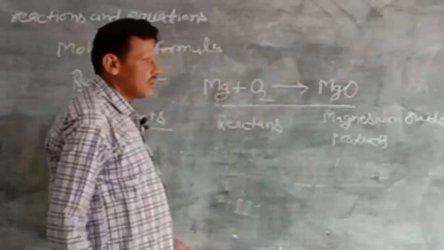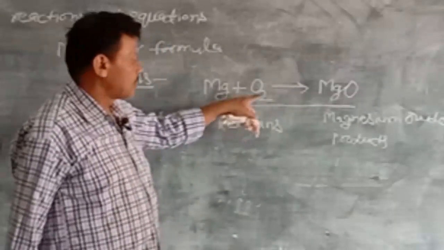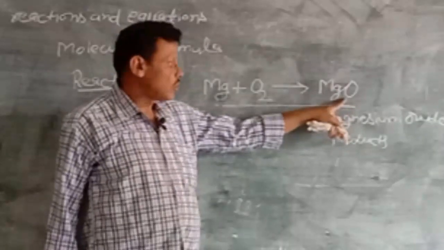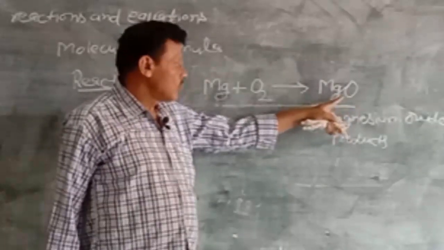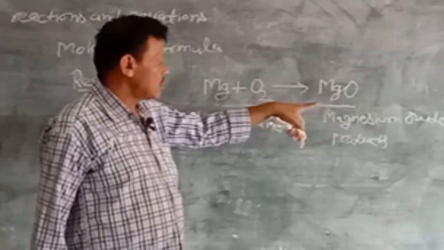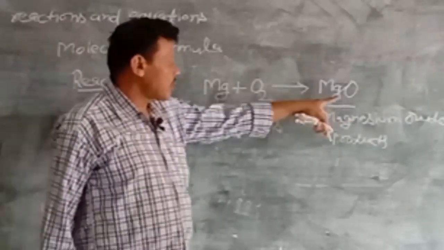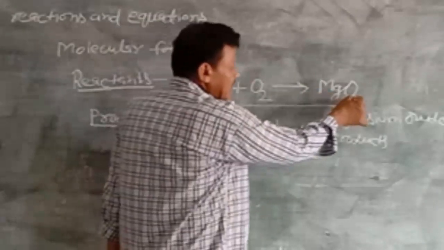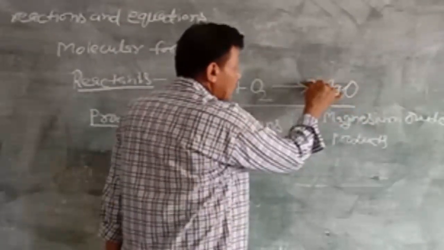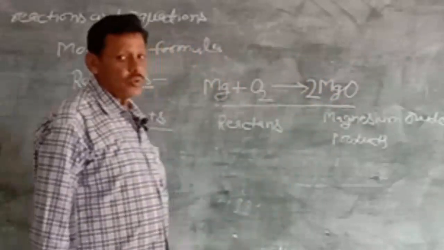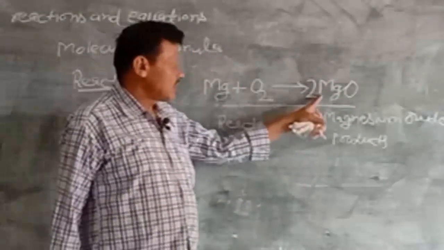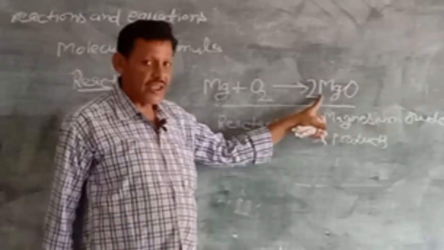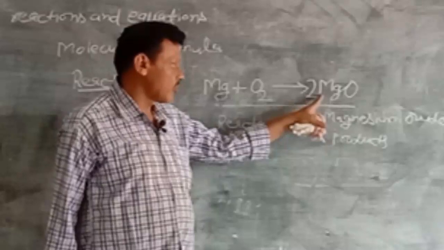In reactants, the number of oxygen atoms is 2, but in products, the number of oxygen atoms is single. So we write the number of oxygen in products as 2. We do not write 2 here, we write 2 MgO. It is 2 molecules of magnesium oxide.